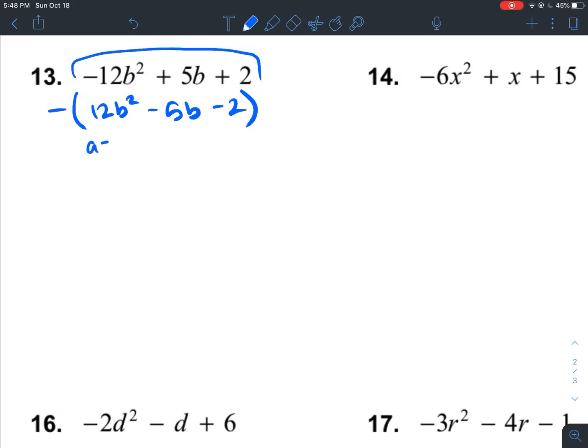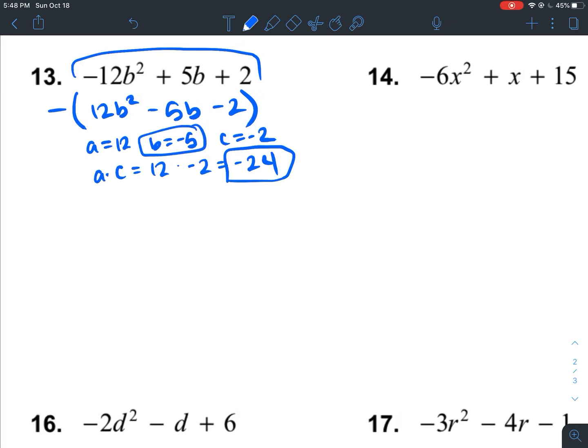So now a is equal to 12, b is equal to negative 5, and c is equal to negative 2. A times c is equal to 12 times negative 2, which is equal to negative 24. So find two numbers that multiply to be negative 24 and add to be b.